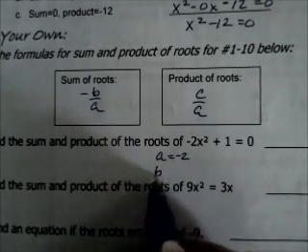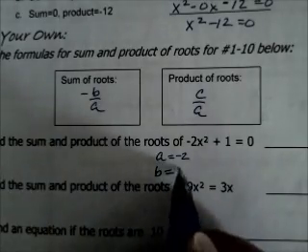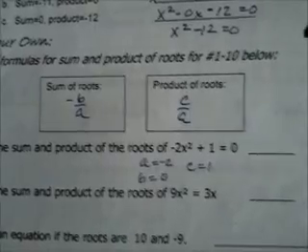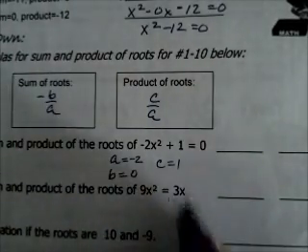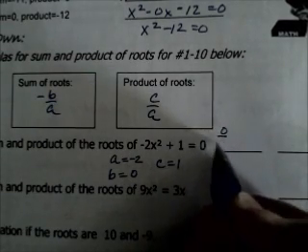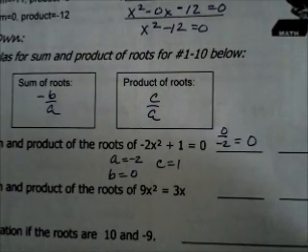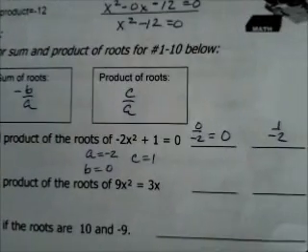Our B value, there's no x term, so the coefficient of it would have been 0, and our C value is 1. So the sum of our roots here would be negative 0 over negative 2. Of course, 0 doesn't have a sign, but 0 over negative 2 would be 0. And the product of the roots, C over A, 1 over negative 2, is simply negative 1/2.